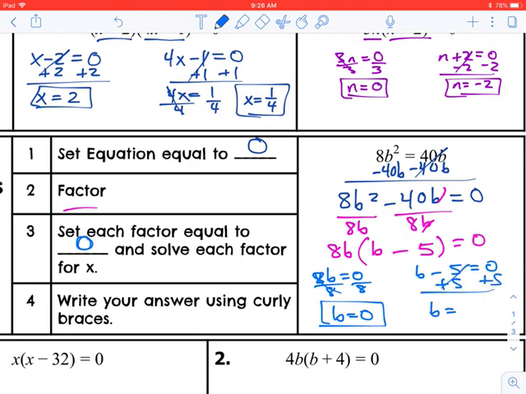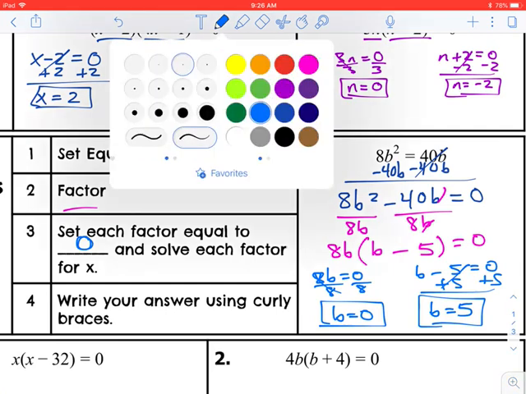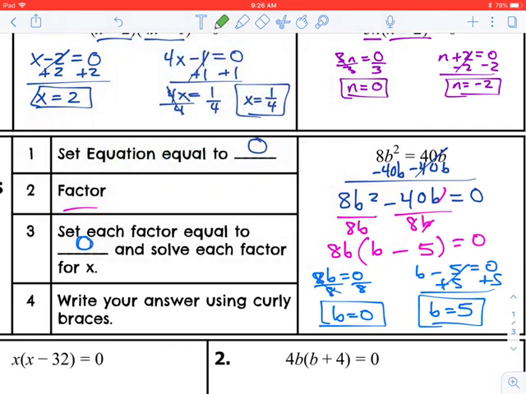I get b equals 5 for the second one. And that's it. Now the last step here, write your answer in curly braces. You can write it in curly braces like this, but you don't have to do that. That's just another way to write an answer.